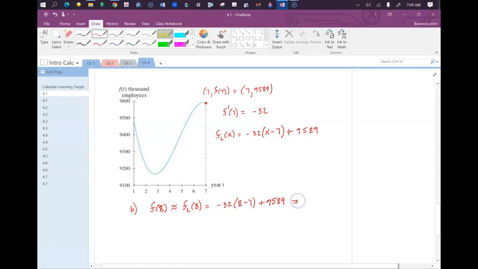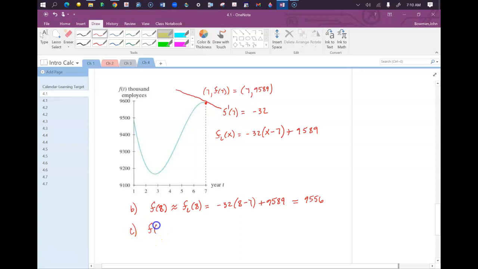So that turns out to be about 9,556. And that's an estimate for the number of employees. Because the slope of the tangent line is negative, if I sketch that tangent line in here, you can see that it's got a negative slope. Our prediction is that at 8 years, the number of employees has decreased from the number of employees at 7 years.